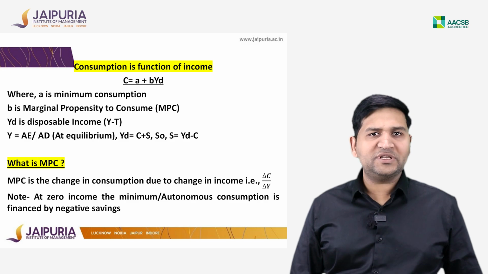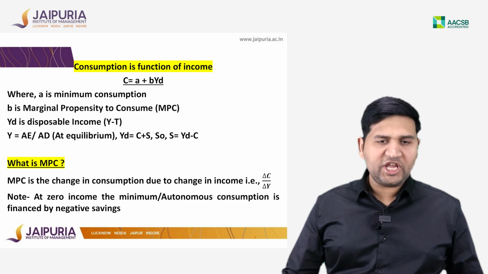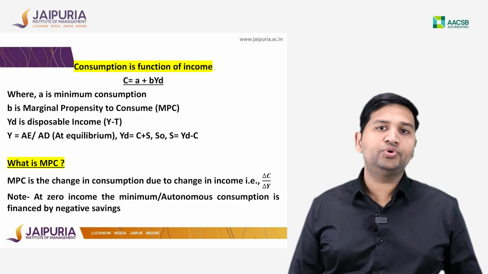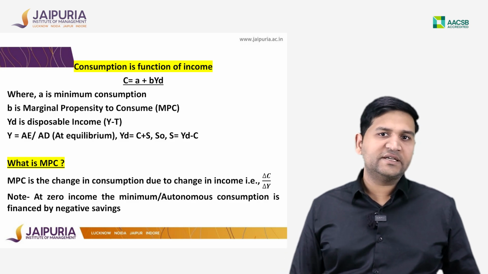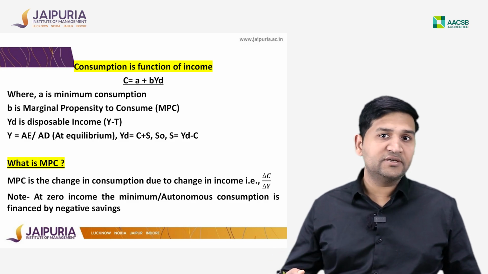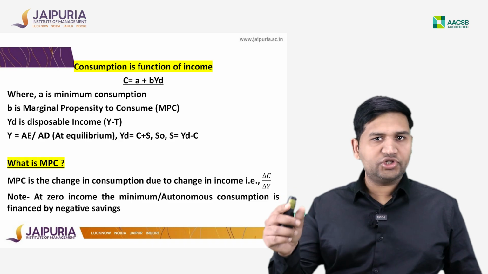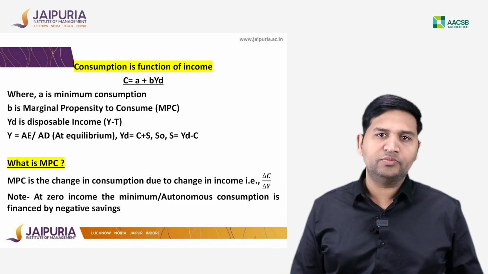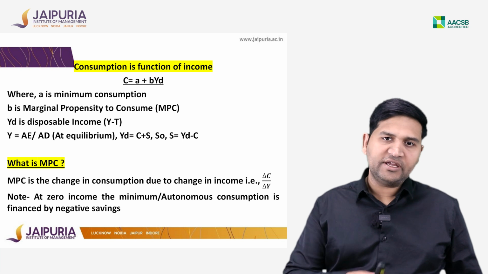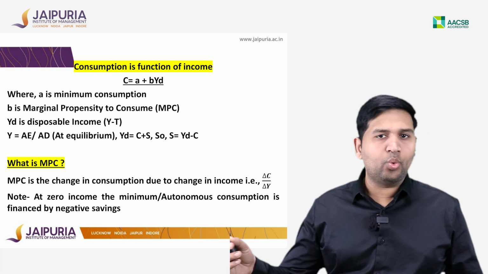So marginal propensity to consume is the change in total consumption due to a change in income. When income in the economy increases, then consumption also increases. So the change in consumption to change in income is the marginal propensity to consume. Generally, it varies between 0 and 1.